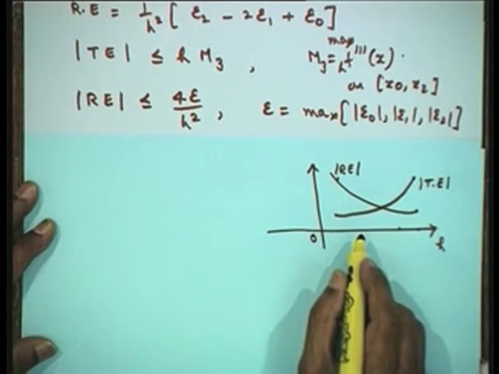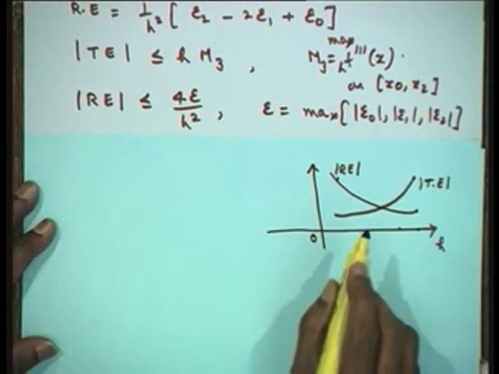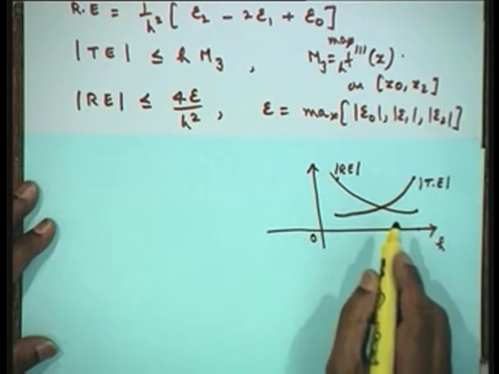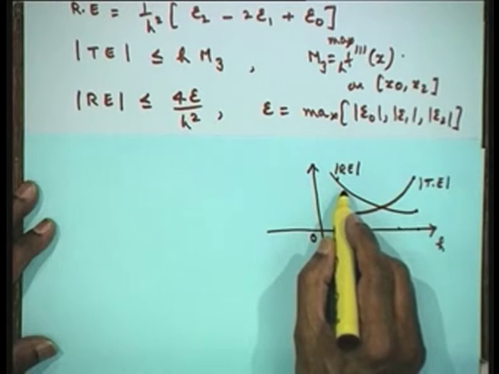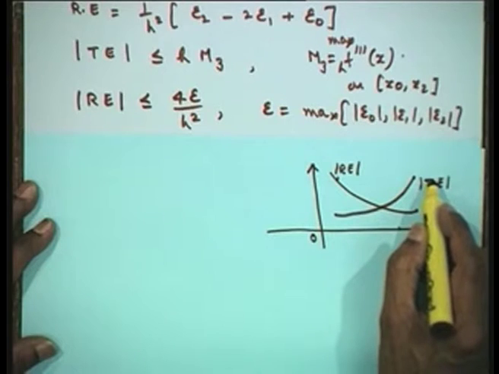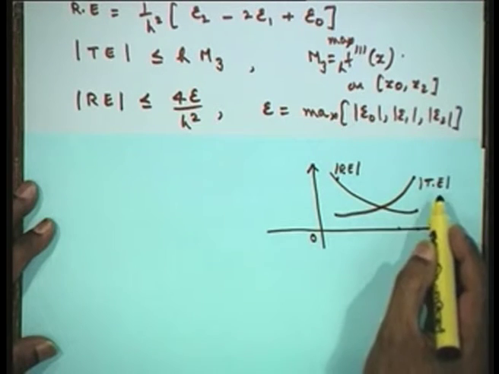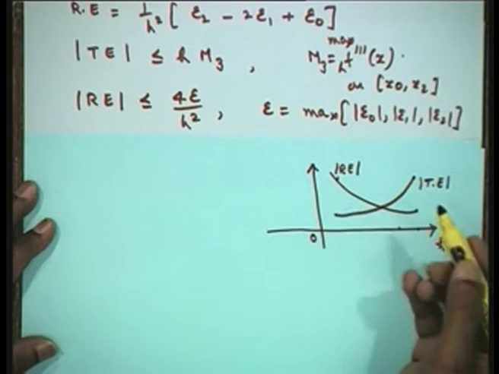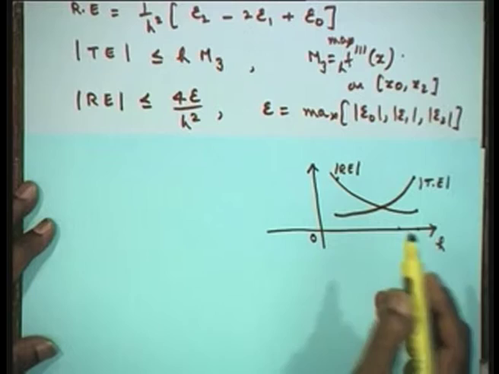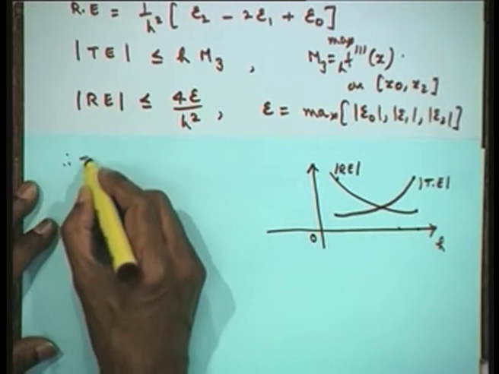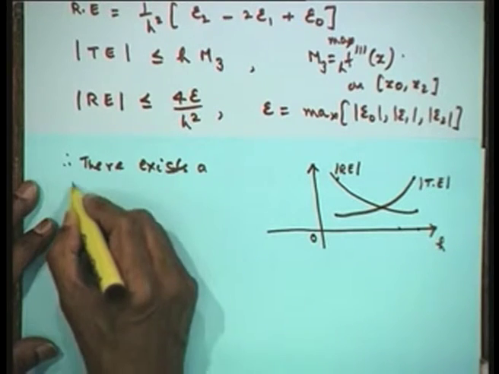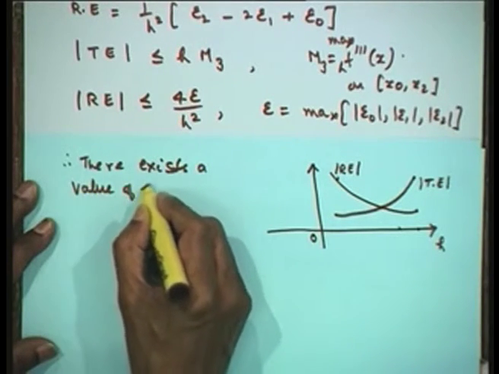Therefore, this tells us that there can be a value of h such that for h smaller than that value, say optimal value, the round off error dominates the truncation error. Therefore, round off error dominates the truncation error, and hence after a few more values of h, it is going to completely get unbounded. That means, we can say there exists a value of h here.